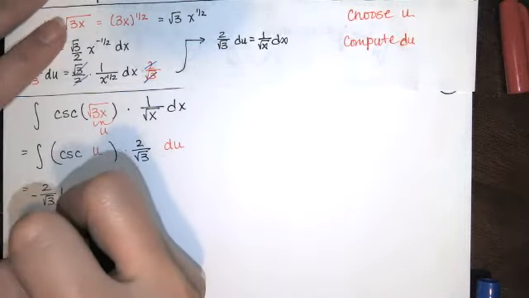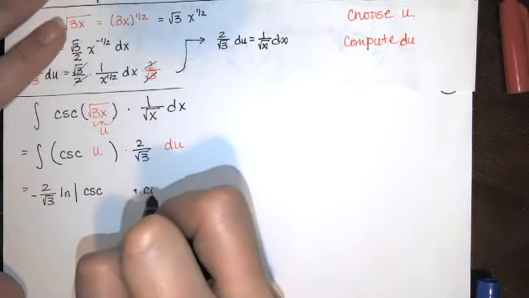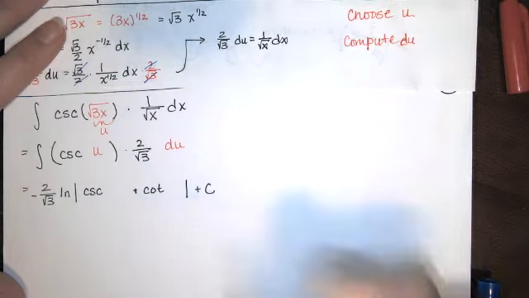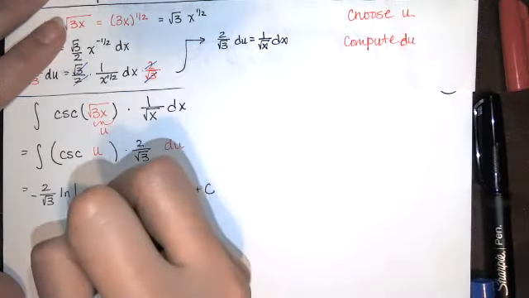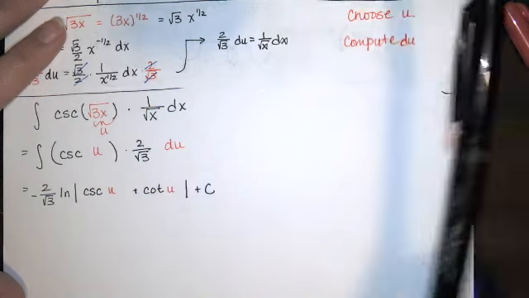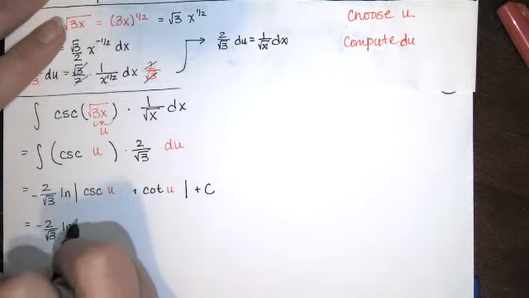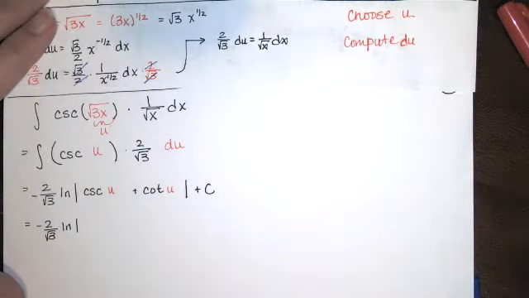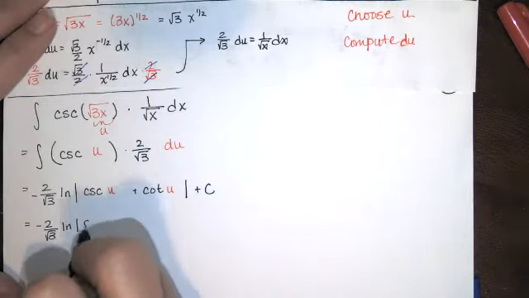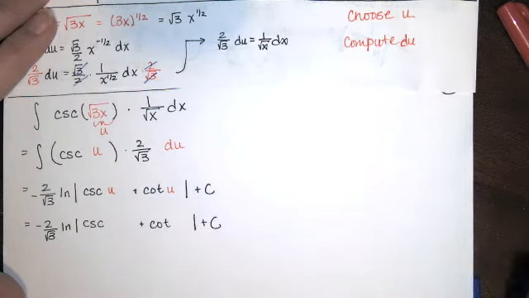It's negative natural log of the absolute value of cosecant of u plus cotangent of u plus c. And then, of course, you can back substitute. u is the square root of 3 times x. And that would give us our final answer.